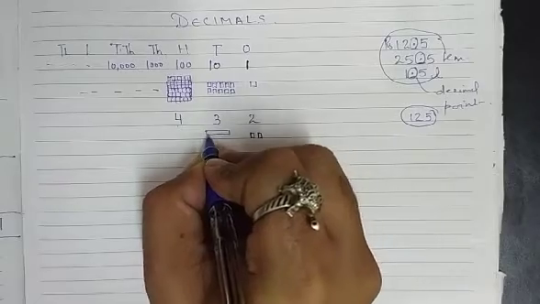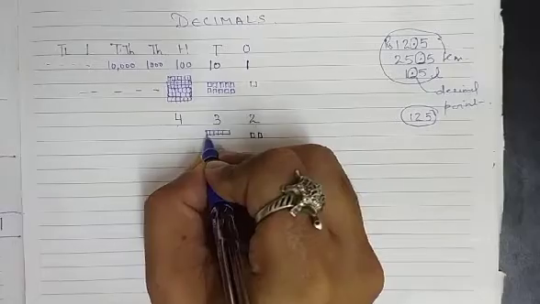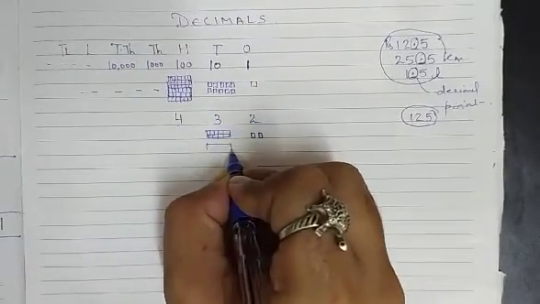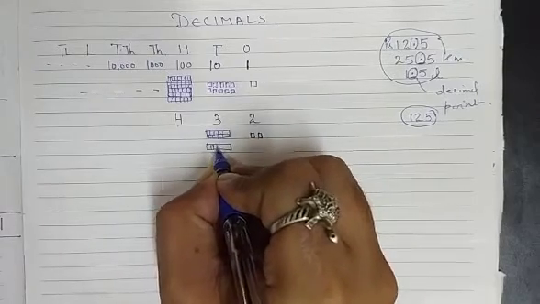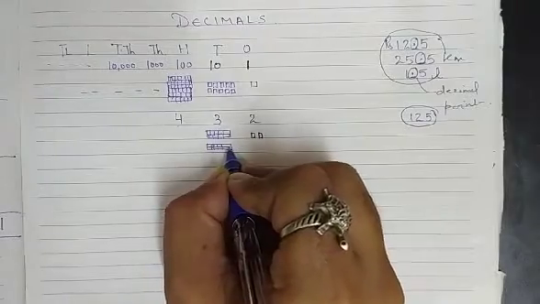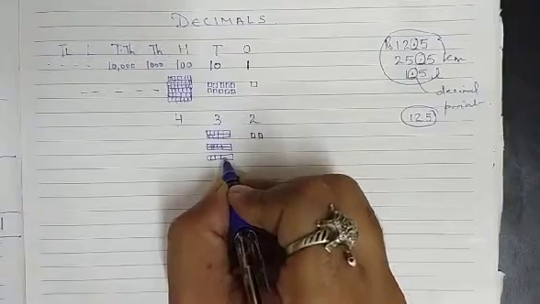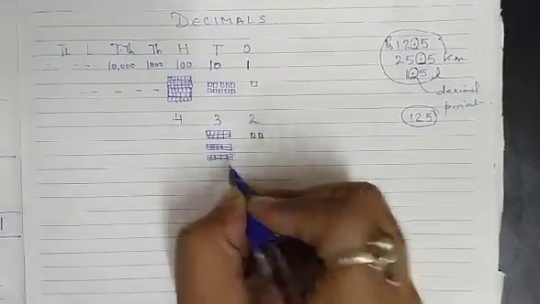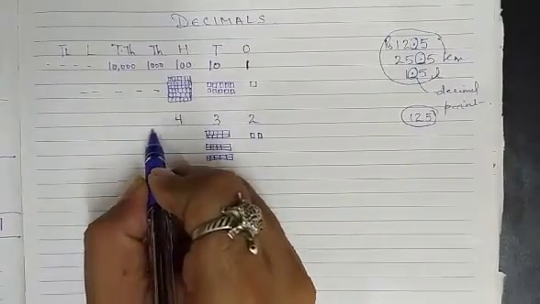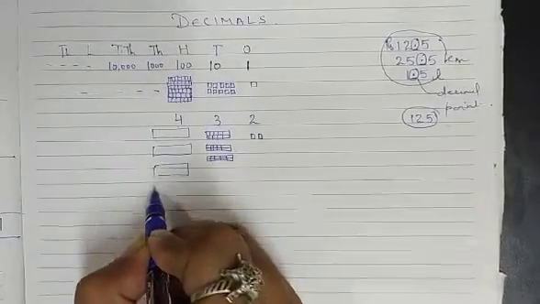So 1 2 3 4 5, as well as this 5. 1 2 3 4 5. Same with here. 1 2 3 4 5 to the 10. 1 2 3 4 5, 10. Right? Same with here also. Here a block of 100 chocolates. How many blocks? 4 blocks.